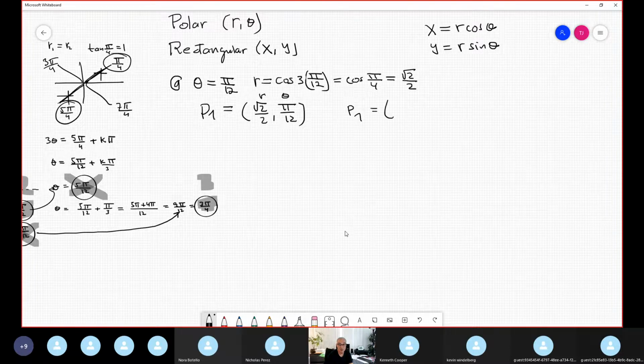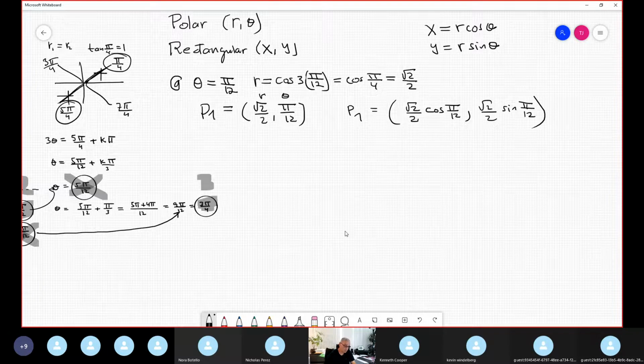Now I need x comma y. x is equal to r, which is radical 2 over 2, times cosine pi over 12, comma, radical 2 over 2 times sine pi over 12.